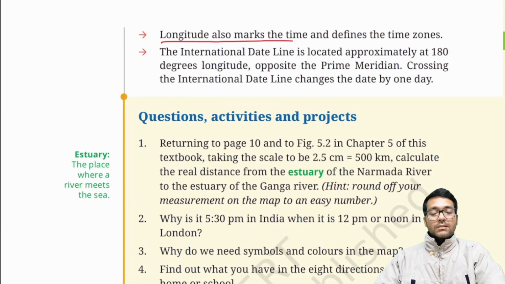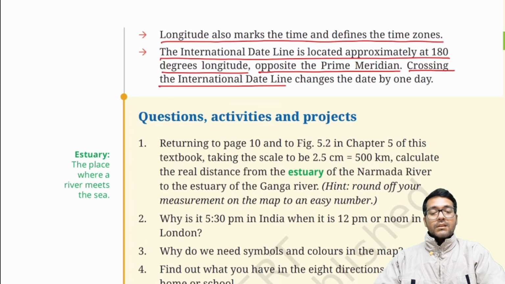Longitude also marks the time and defines the time zones. The international date line is located approximately at 180 degrees longitude, opposite the prime meridian. Crossing the international date line changes the date by 1 day.